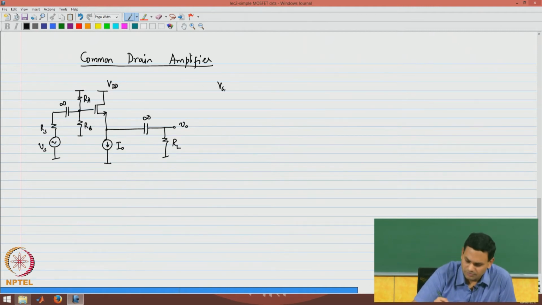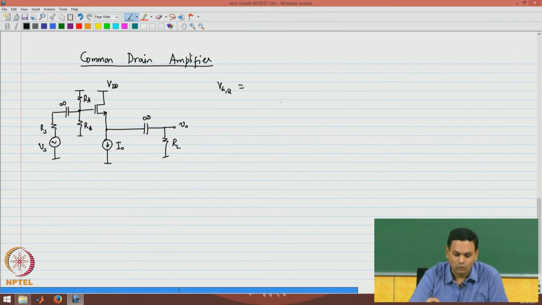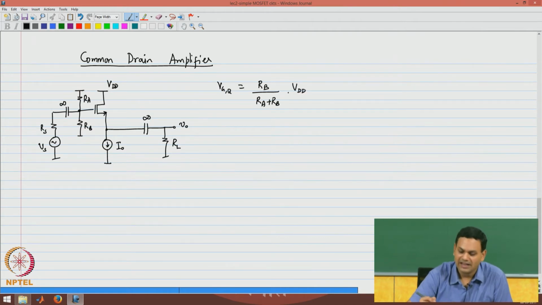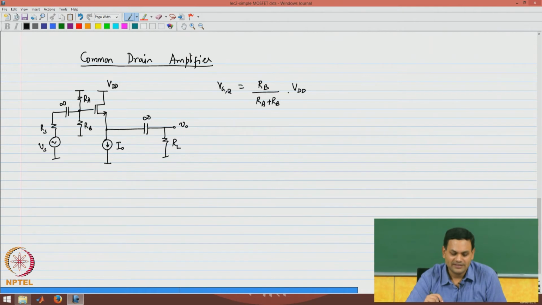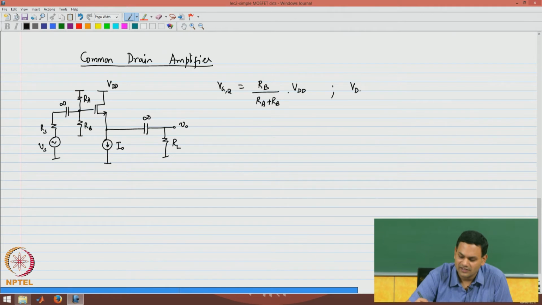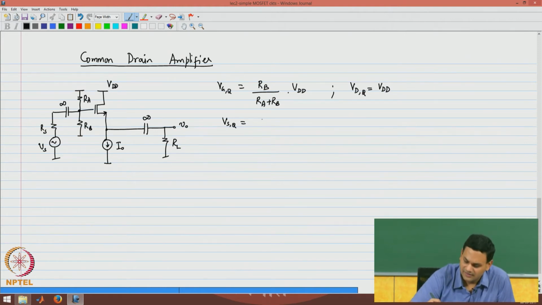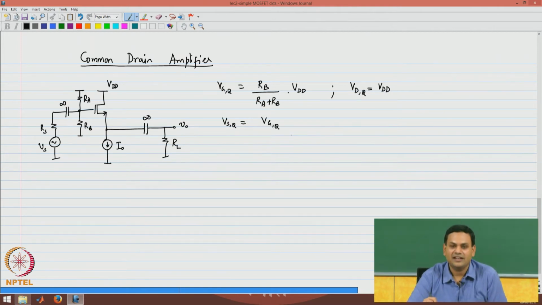Now, the quiescent gate voltage is again RB by RA plus RB times VDD, that happens to be the same as before, but this circuit is slightly different in the sense that it is now the drain voltage that is constant and it is equal to VDD, and the source voltage is figured out by subtracting the gate source voltage from the gate quiescent voltage.